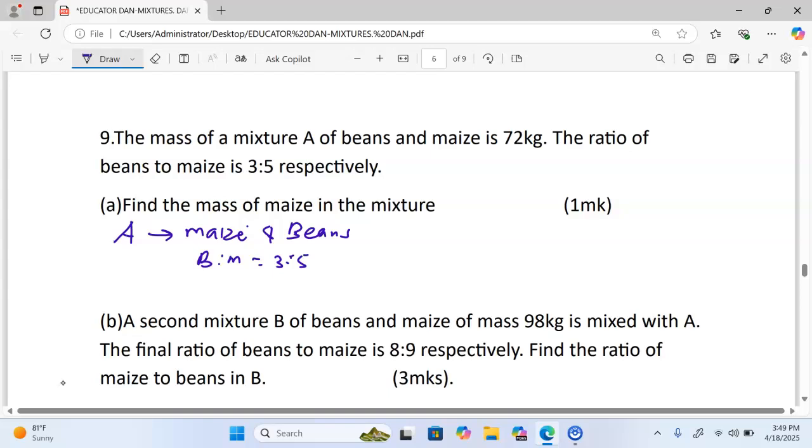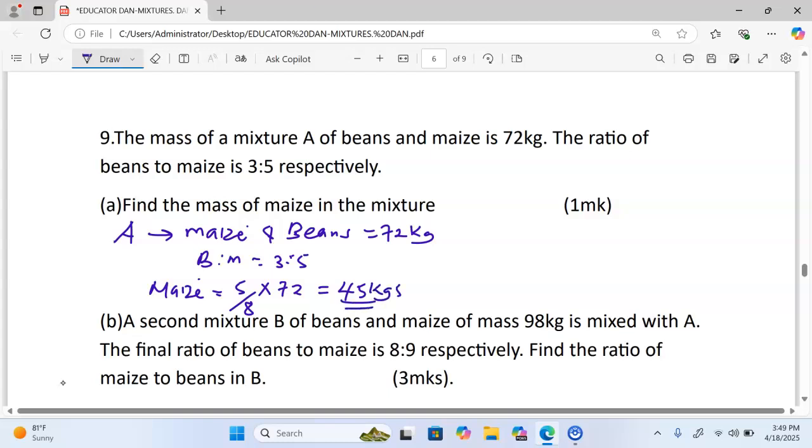And we are supposed to calculate the mass of maize in 72 kilograms of the mixture. To get the mass of maize, we simply take the proportion of maize, which is 5 out of the total proportion of 8. We multiply by 72, and this one is going to give us 45 kilograms.